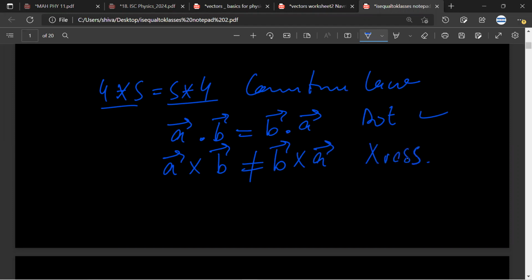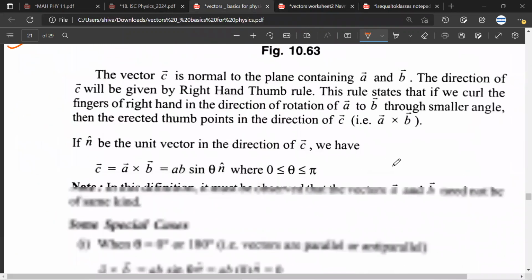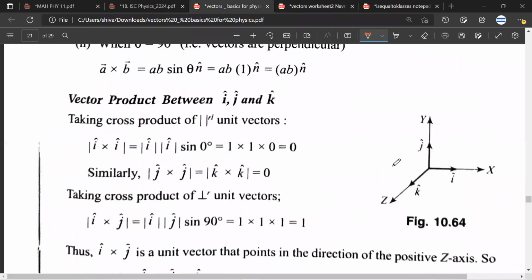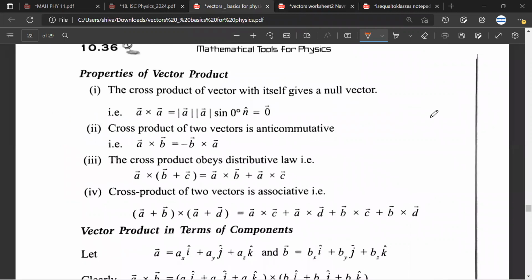So that is the difference of vector product, and a few other properties of vector product, if you want to see. The cross product of two vectors is anti-commutative. So A cross B is actually equal to minus B cross A.